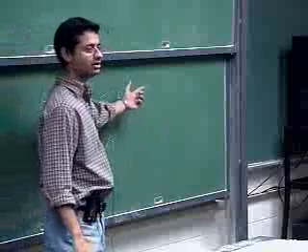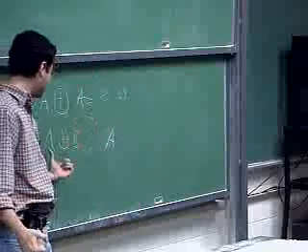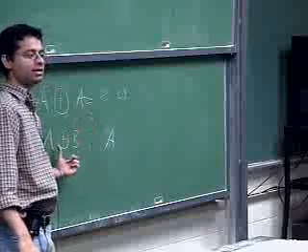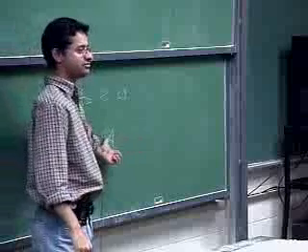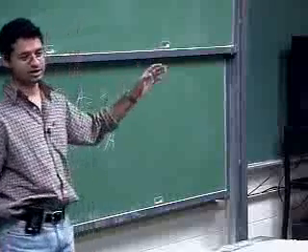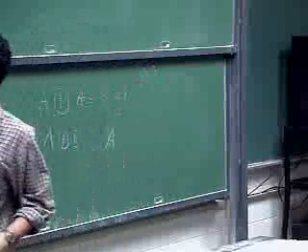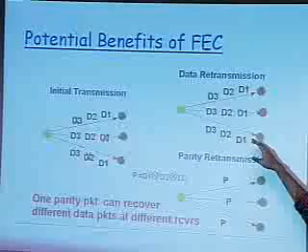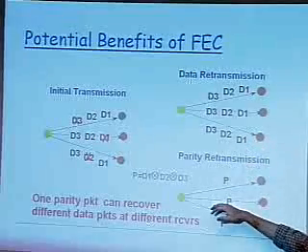A and B are transmitted and receivers can lose either B or A. As long as they have this parity packet, they can process this parity packet and the packet that they already have to recover the missing information. That is a very rough idea of forward error correction. So by doing this, you have reduced the retransmission to a third.